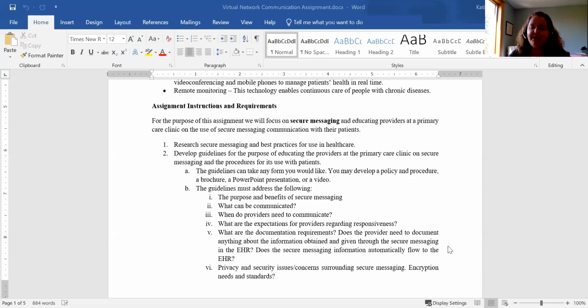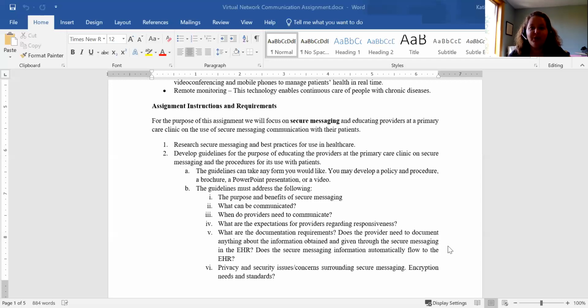And then lastly, privacy and security. You need to ensure that the information that is being shared back and forth between the provider and the patient is secure. A lot of times providers may be concerned about it, but a lot of the time it's reassuring them, because they're not thinking about technology, privacy and security measures and encryption and all that kind of stuff.